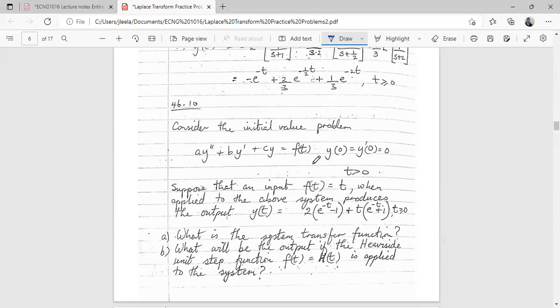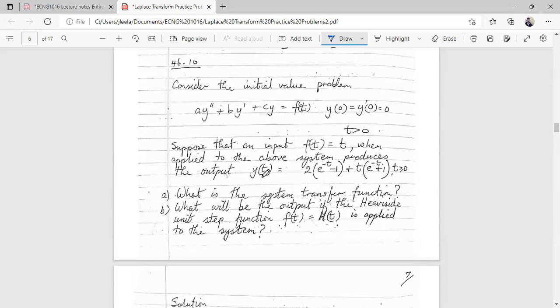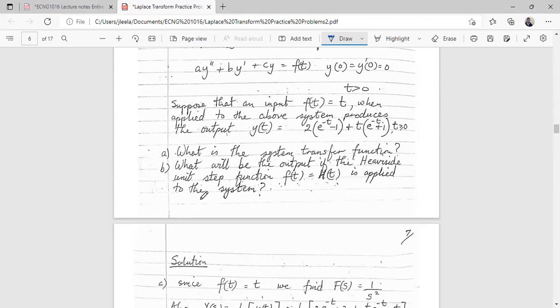So remember the f(t) is your input and the y(t) is your output, right? y(t) is 2 into e to the minus t minus 1 plus t into e to the minus t plus 1. What is the system transfer function? What will be the output if the Heaviside unit step function f(t) is equal to h(t) is applied to the system? Right? So we want to find the transfer function.